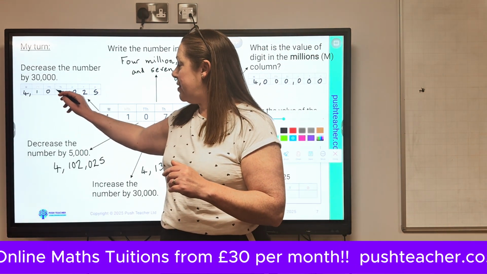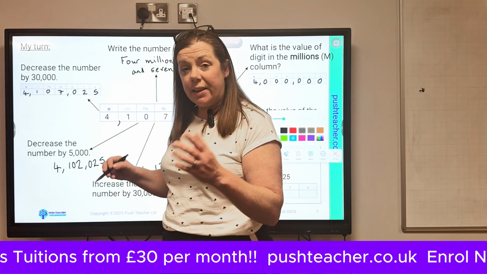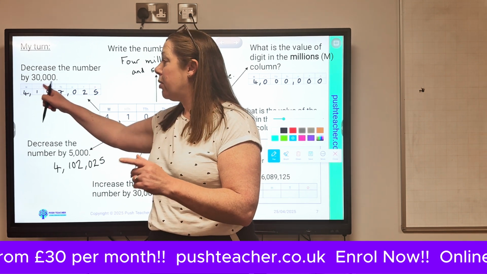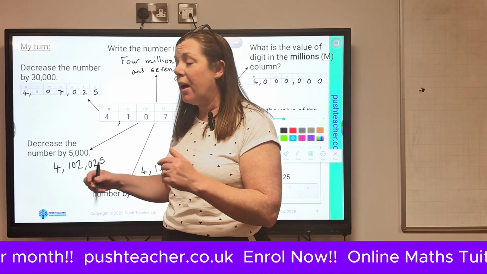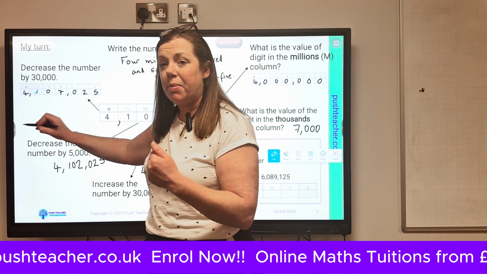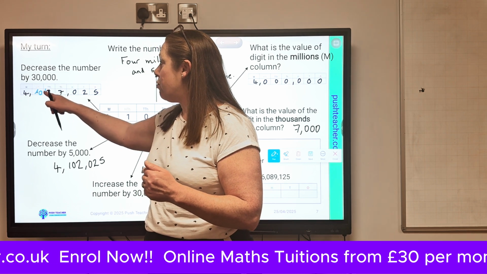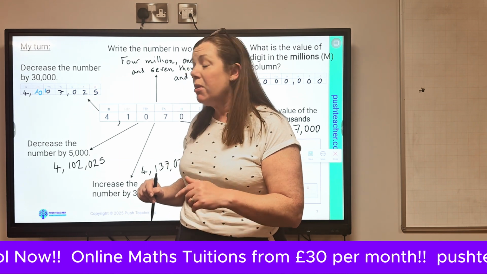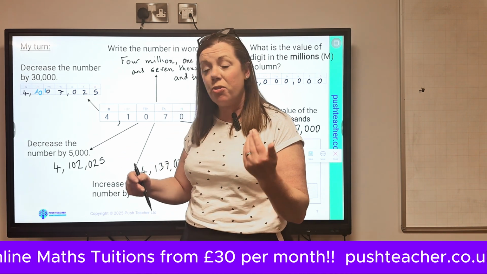So my 10,000 column is currently empty. So I need to be able to take 3 off of there. So I'm going to borrow and exchange my 100,000 from the column next door, because 10 lots of 10,000 make 100,000. So if I reduce that 100,000 by 1 and pop that as a 0, I can now write that 100,000 as 10 10,000s, which will then enable me to take 3 lots of 10,000 off of that.